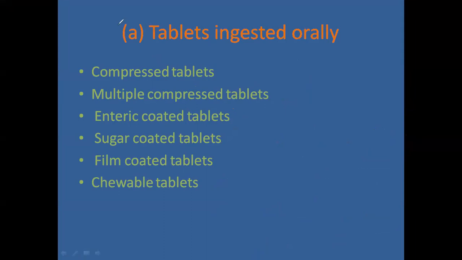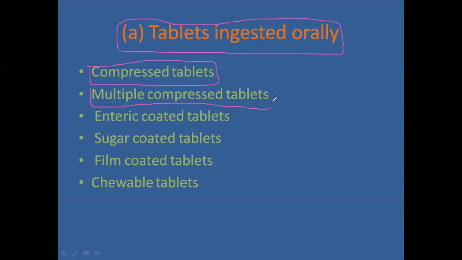So the first class which we have seen earlier is the tablets ingested orally. Means these are the tablets which are going to be taken with the help of water. Okay, they are going to be ingested. So examples of the tablets include firstly the compressed tablets. Second is multiple compressed tablets.